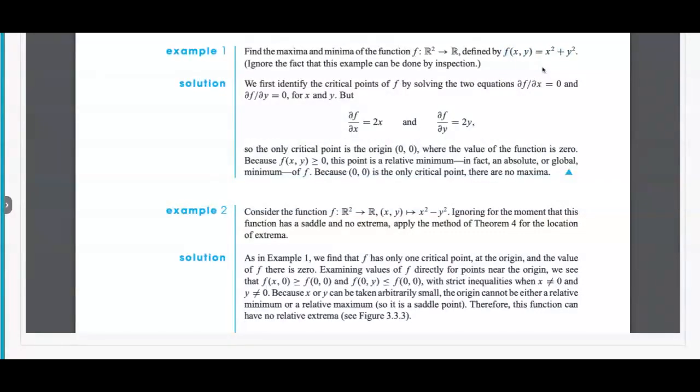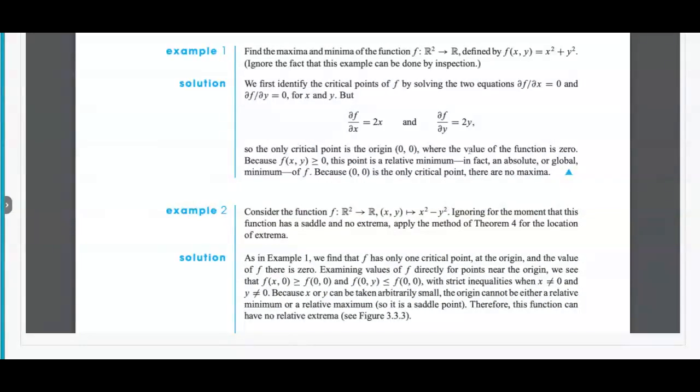Partial f partial x is 2x, partial f partial y equals 2y. Then we set those two to be 0. 2x is 0 means x is 0. 2y is 0 means y is 0. So the critical point is the origin, (0, 0).